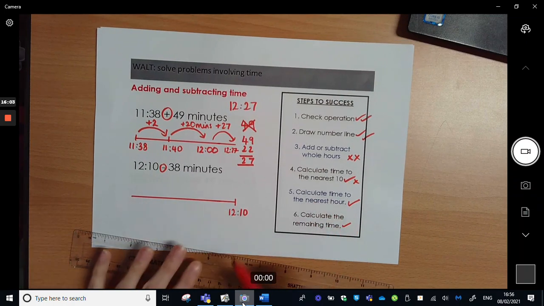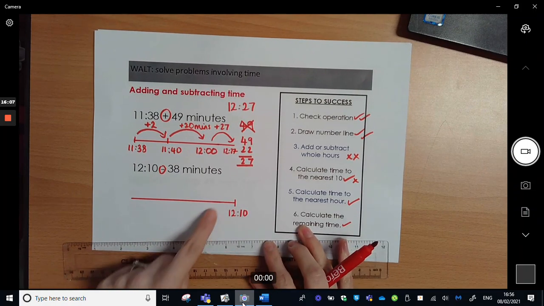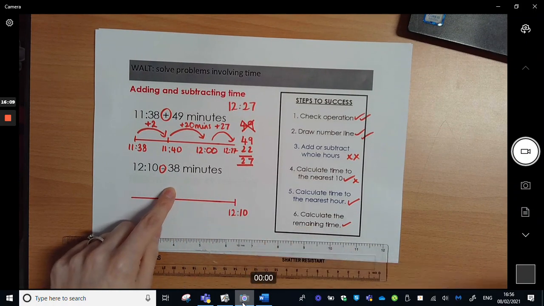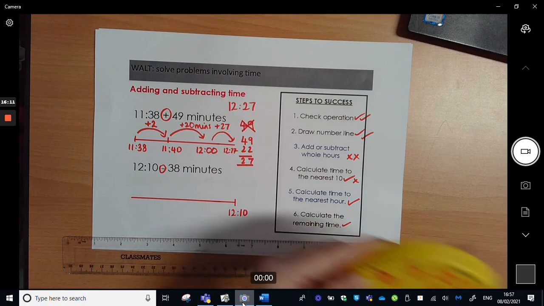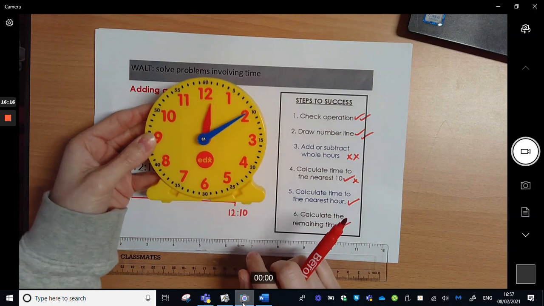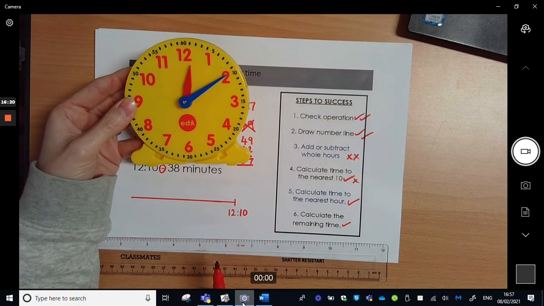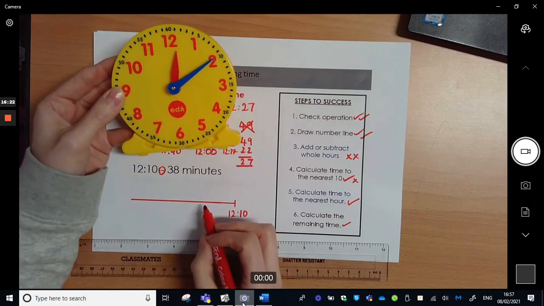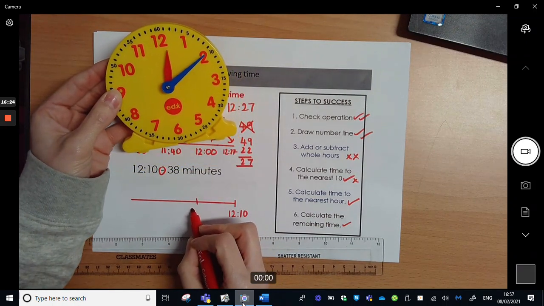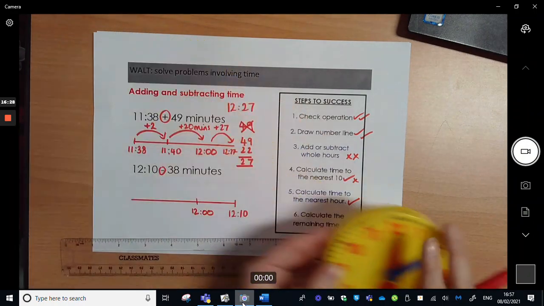So that one's definitely going to help because I'm at 10 past 12, so I need to get to the nearest hour. So if I'm going backwards, I'm at 10 past 12. What is the hour that I've just passed? If I take the minutes away, what's my hour going to be before? So hopefully you can recognise that it is going to be 12 o'clock. Okay, it's not 1 o'clock because remember I'm taking away, I'm going backwards.